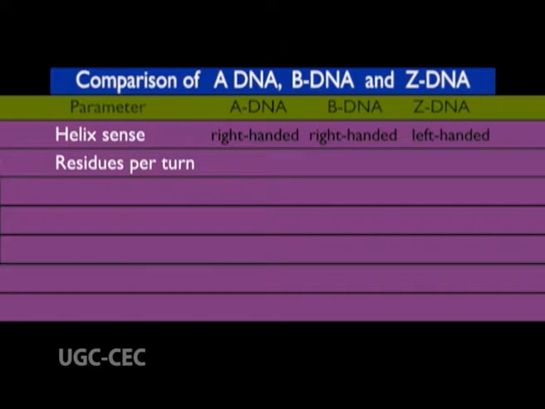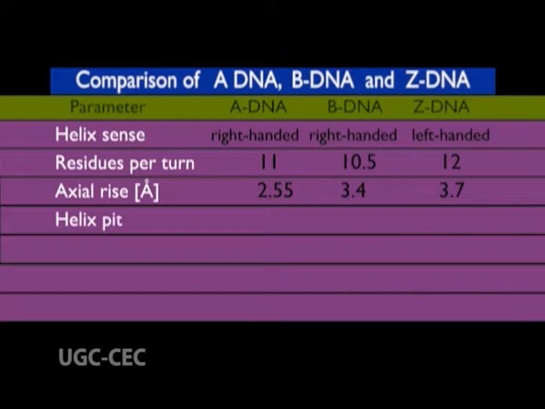A DNA has 11 residues per turn, B DNA has 10.5 residues per turn and Z DNA has 12 residues per turn. Next parameter is axial rise in angstrom. A DNA has 2.55 angstrom axial rise, B DNA has 3.4 angstrom axial rise and Z DNA has 3.7 angstrom helical rise.